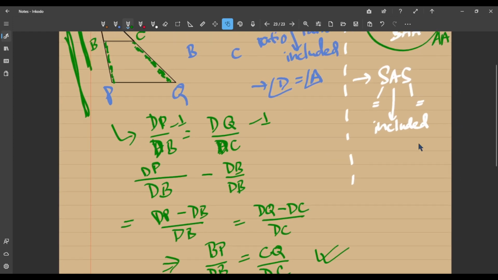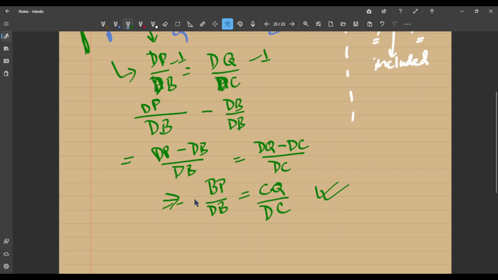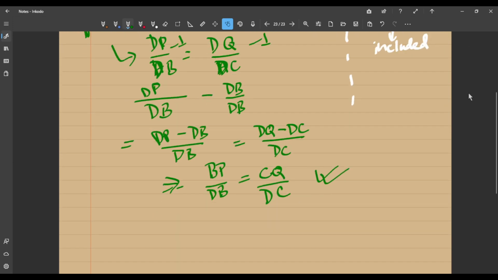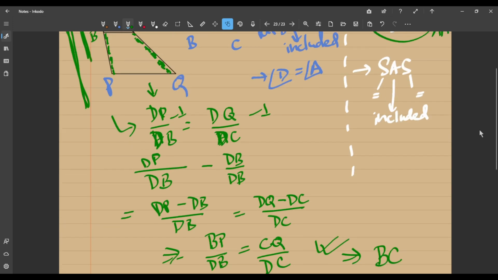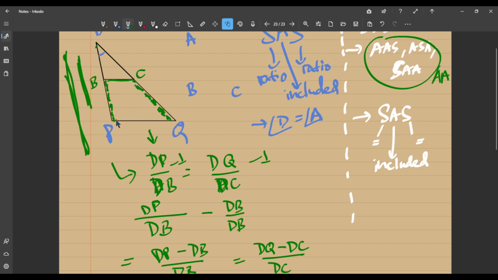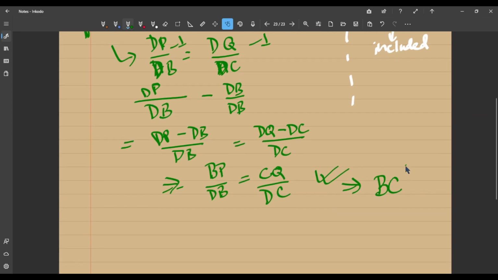So what did we just show? That if the original ratio given was true, then this is also true. And if this is true, this implies that according to our basic proportionality theorem or its converse, the line BC is parallel to PQ.